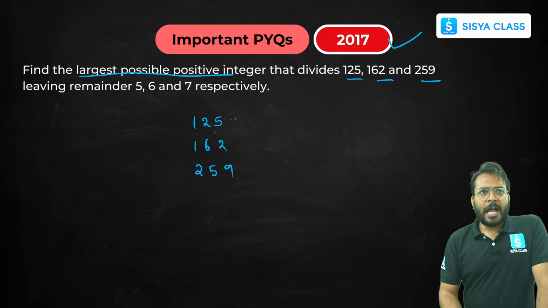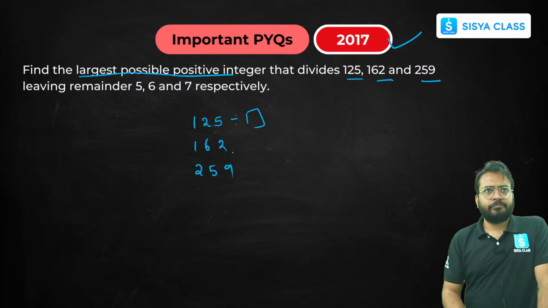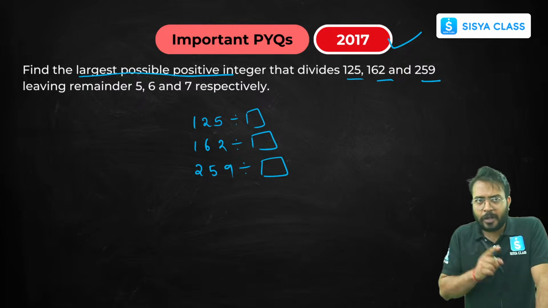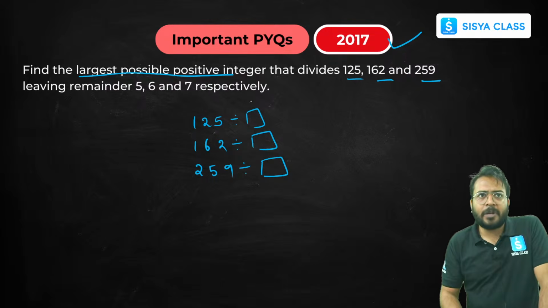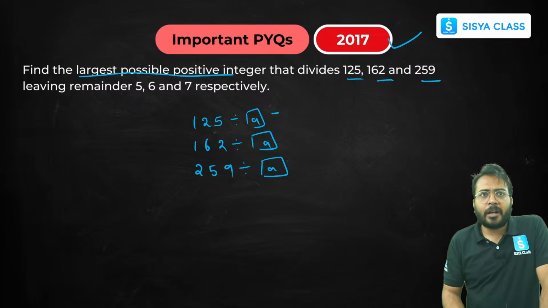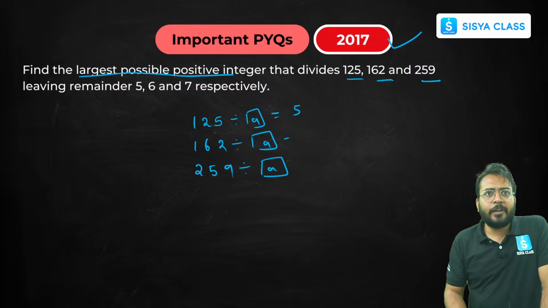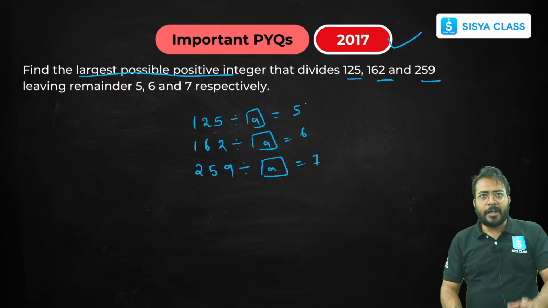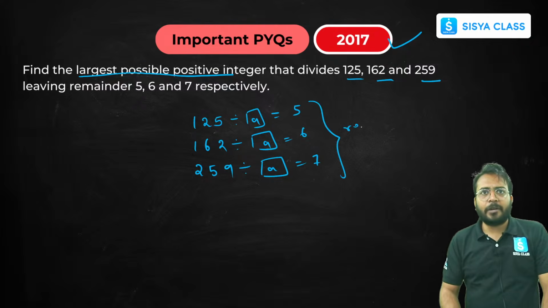When I am dividing them with some number, suppose this number is A, that time the remainder I am going to get, beta, is 5, 6 and 7. When I am dividing, I am getting these numbers as my remainder.